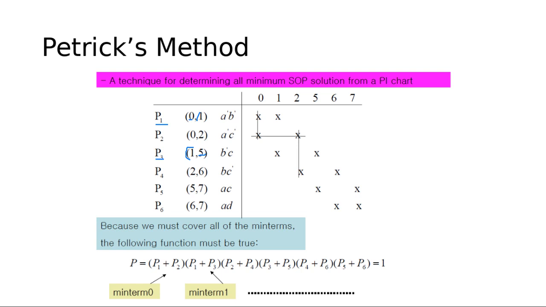You only think decimal, and you only get the neighbor code. You can say that P1 and P2 are neighbors because they have the zeros, and P1 and P3 are also neighbors because they have ones. So we can write this expression with 2 and 4, 3 and 5, 4 and 6.